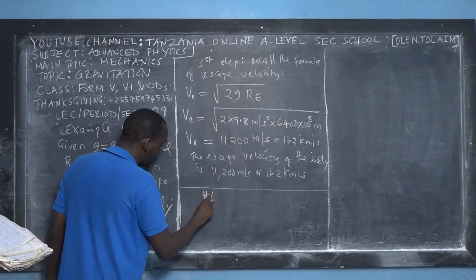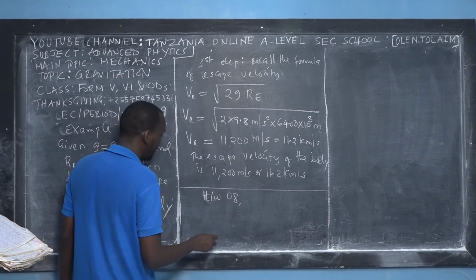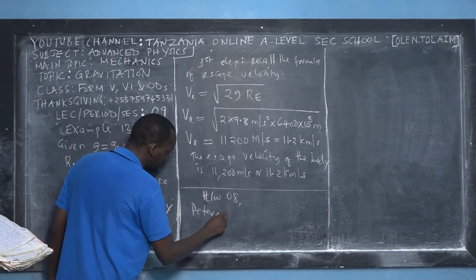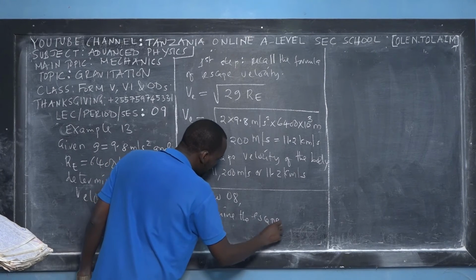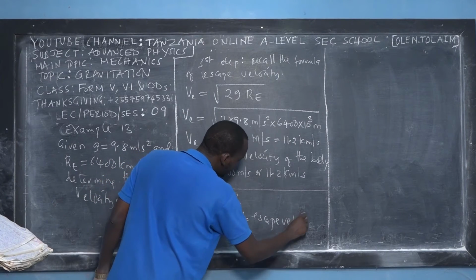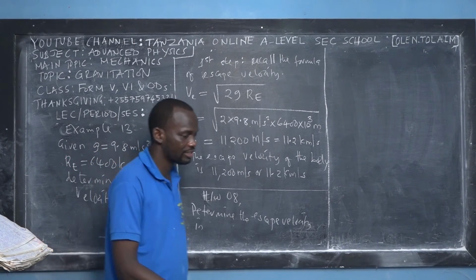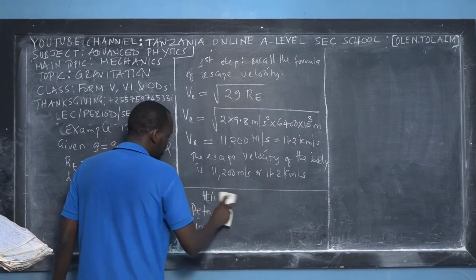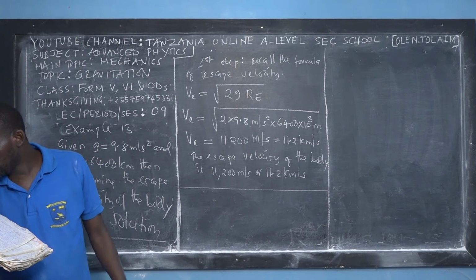So from homework 8, yes, I ask you again to determine the escape velocity. So let us just formulate the basic formula for you. Then I will leave the homework for you.